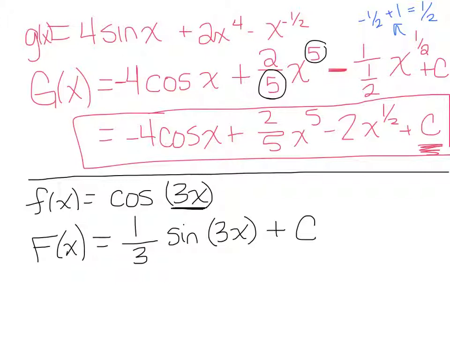We would multiply by 3, but here we'll divide by 3. We can only really do that because this is just a constant. If this had been 3x squared, that would have made this a lot harder. But because it's just a nice linear function on the inside, we can just multiply by the reciprocal of that constant, and everything works out fine.